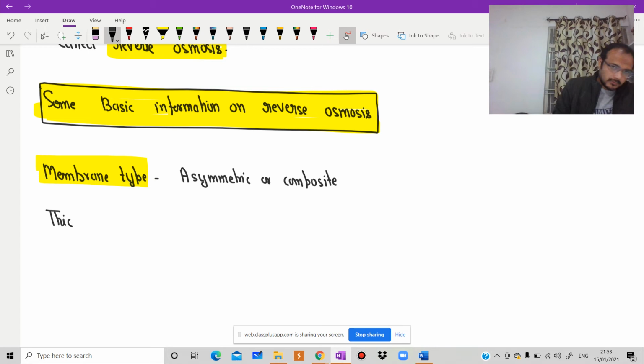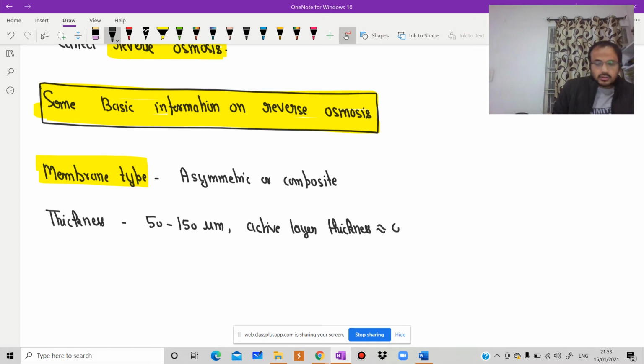Thickness: 50 to 150 micrometer. Active layer thickness: 0.01 to 0.1 micrometer. Pore size: less than 2 nanometer.